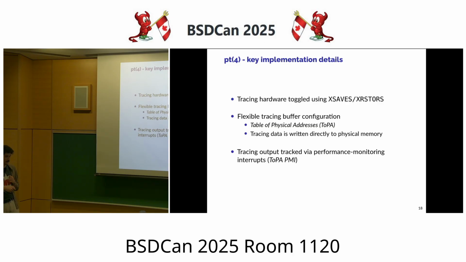These TOPA table entries also provide us a way of generating interrupts when certain tracing regions get filled. This provides a synchronization point for user space and generates a buffer event that we have to bounce out to user space for the decoder to pick up the data and decode it. Right?